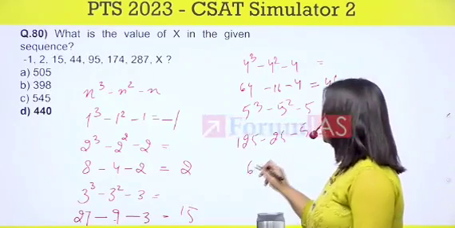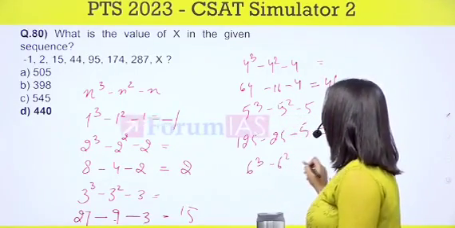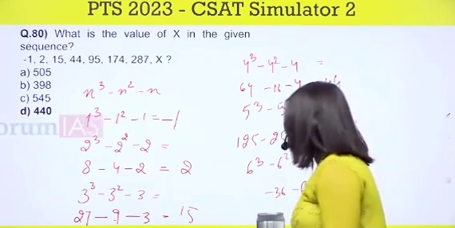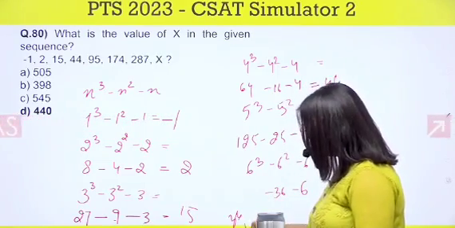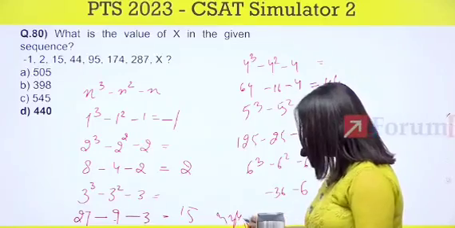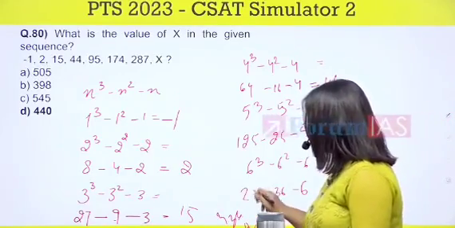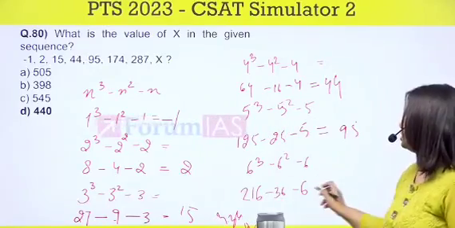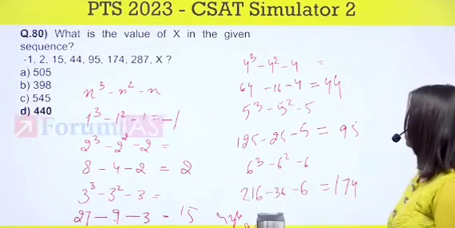Then for 6, 6 cube minus 6 square minus 6, means 6, 36, and 36 into 6 is 216. 216 minus 36 minus 6, that is 210 minus 36, which will be 174.